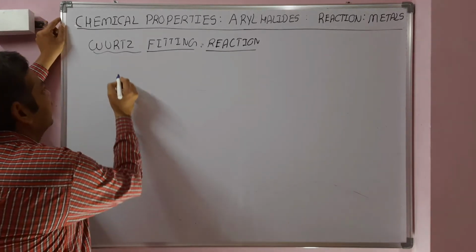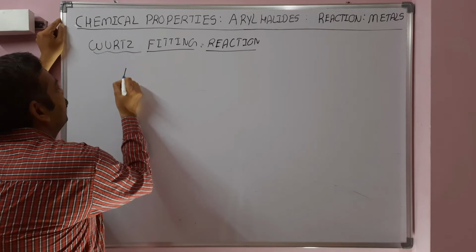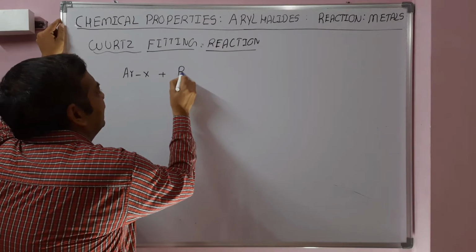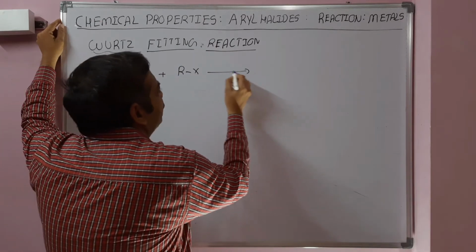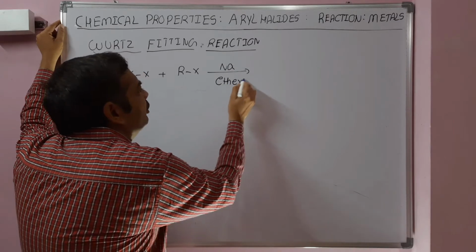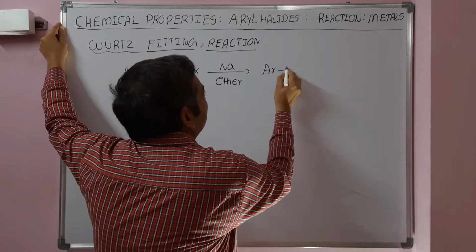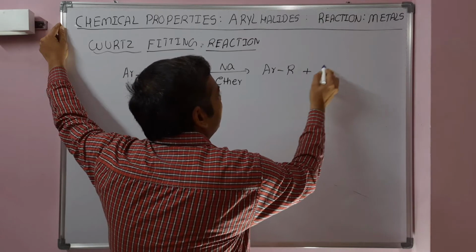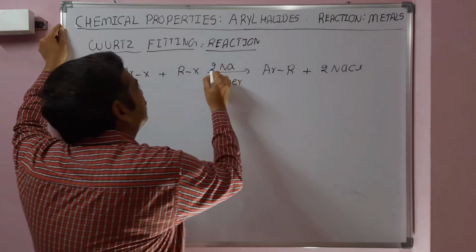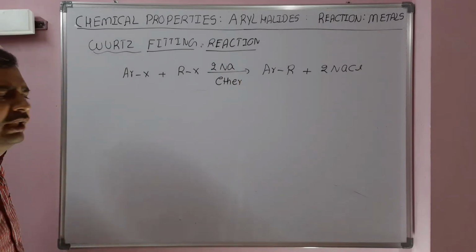That is the Wurtz-Fittig reaction. The side product is 2 moles of sodium chloride, so 2 moles of sodium are required.